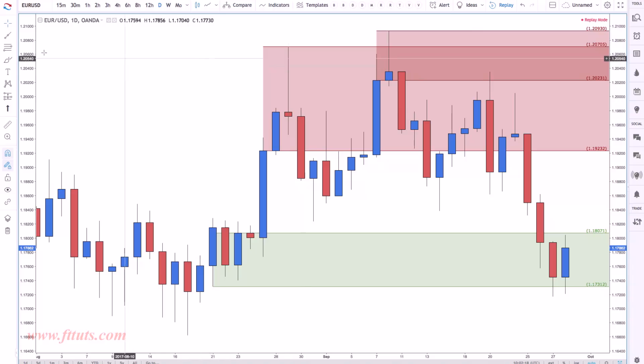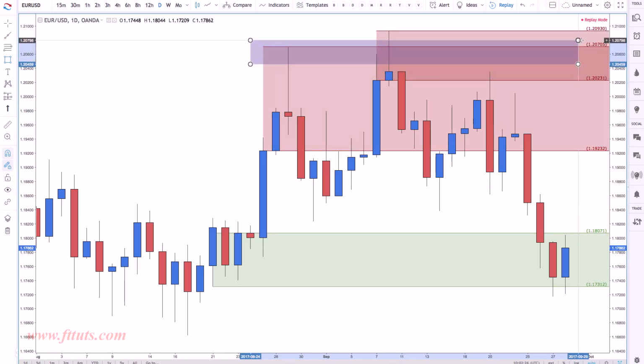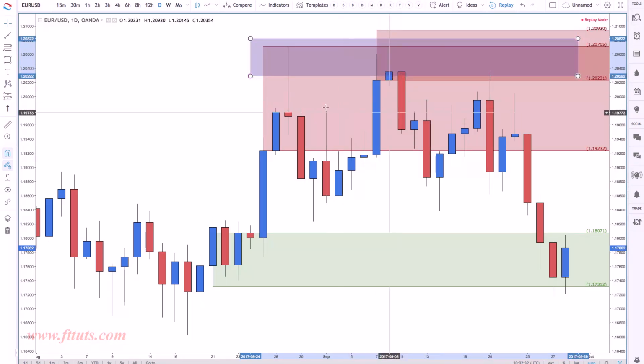And if you're looking at what support and resistance traders are looking at, they're looking at roughly this area here as a level of resistance. Because it had been touched a few times, I was a bit cautious. It's putting in this kind of head and shoulders pattern.